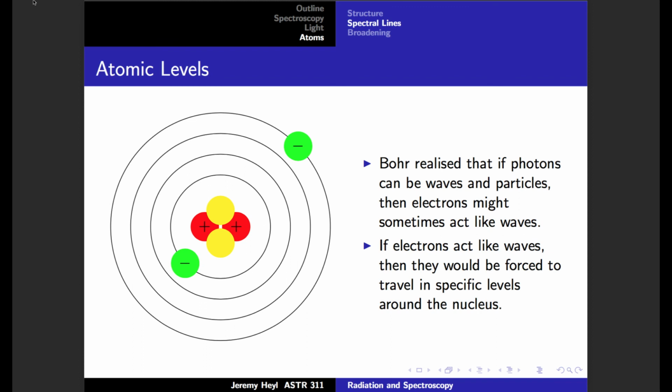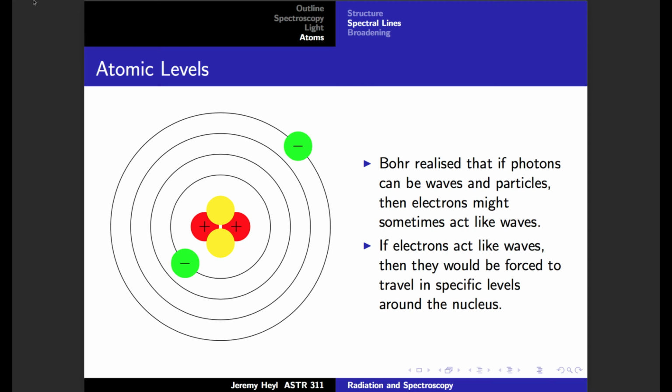So they're forced to travel in specific levels around the nucleus, and that's the key big result of quantum mechanics: you could explain all these elements and their chemistry, and why different elements act in different ways comes down to these electrons being waves around the nucleus.